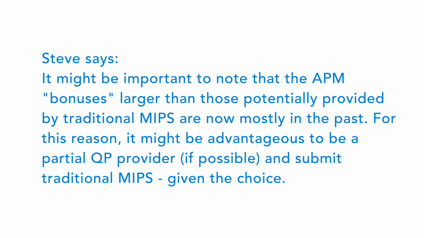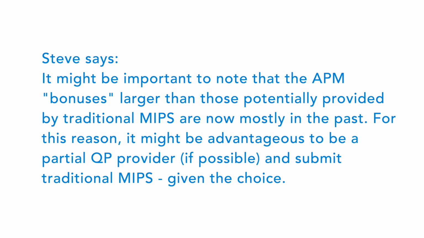So Steve says, it might be important to note the APM bonuses larger than those potentially provided by traditional MIPS are now going away. We used to get a 5% lump sum bonus on Medicare payments for earning qualified participant, that is QP, status in an alternative payment model. The bonus is down to 3.5% in 2025 and is based on 2023 APM attribution and QP status.